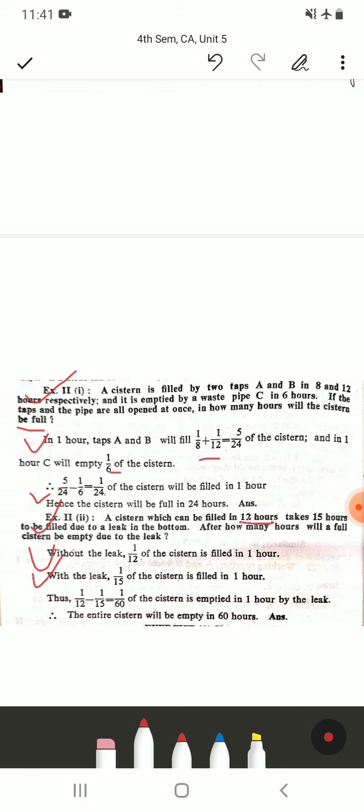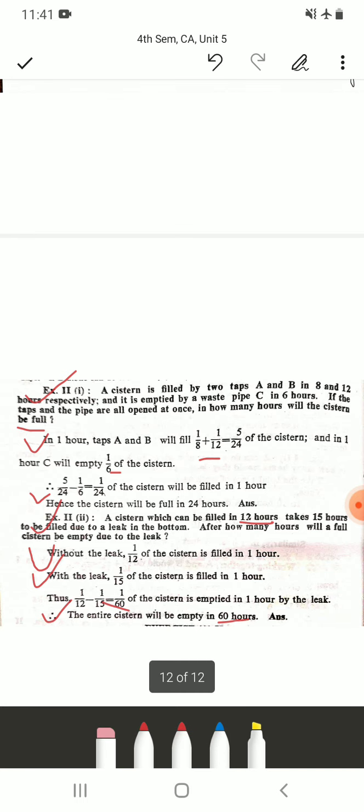With the leakage, 1/15th of the tank will be filled in 1 hour. Therefore the difference gives the leakage in 1 hour. Therefore the entire tank will be emptied in 1 divided by 1 by 60, so it requires 60 hours for the tank to be emptied due to the leakage.